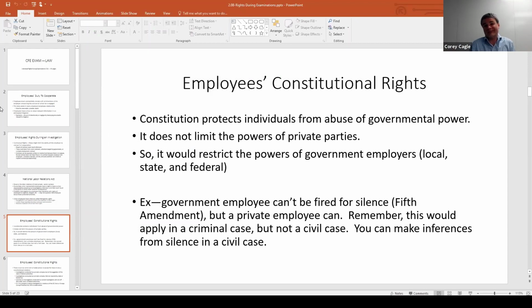A private employee can, no problem, right? But remember, this would be in a criminal case and not a civil case. We talked about all that 2 or 3 weeks ago. But you can make inferences from the silence in the civil case and the criminal proceedings, all that stuff. We talked about how a criminal and civil case can run as what we called parallel proceedings, right?